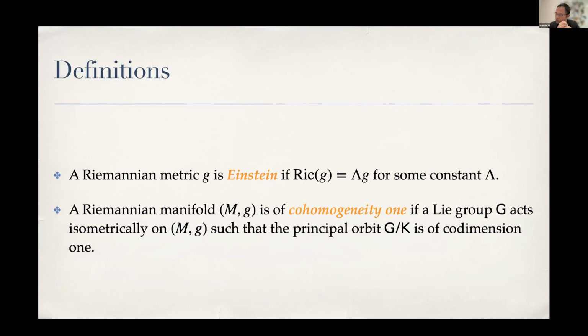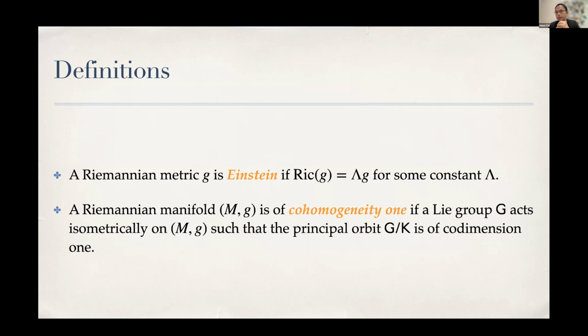Generally, it is very difficult to get an explicit solution of the Einstein equation, because it is a set of second-order nonlinear PDEs. For a very long period of time, the Einstein metrics that people knew were homogeneous.